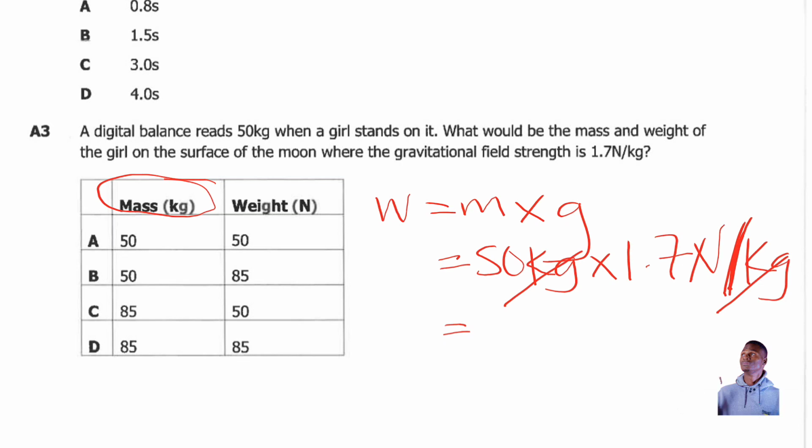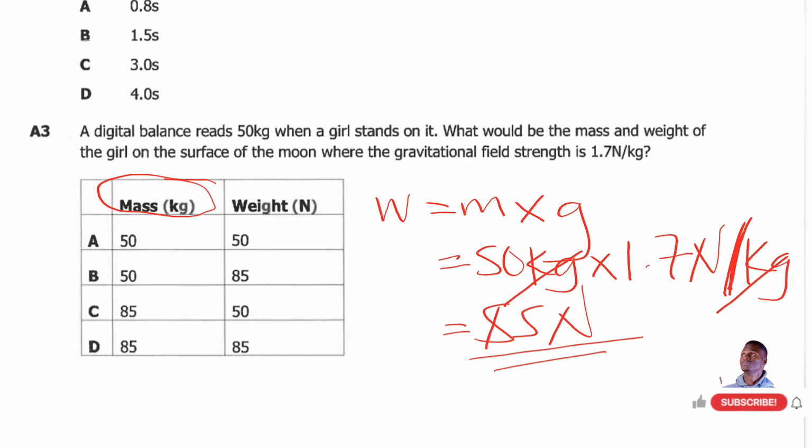Now 50 times 1.7 is 85 newtons. So 85 newtons, that is weight.